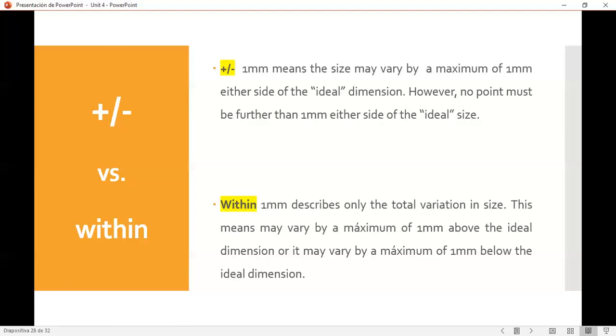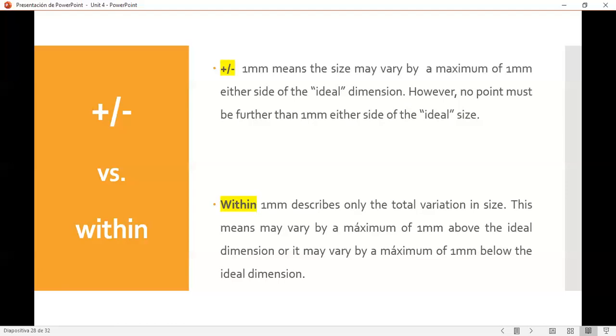In this case, the ideal dimension is 340, but I have a range of plus or minus 2 millimeters, right? That means that in this case, it can be 342 millimeters as maximum and 338 millimeters as minimum. Exactly. And then the total variation between the maximum and the minimum is 4 millimeters.